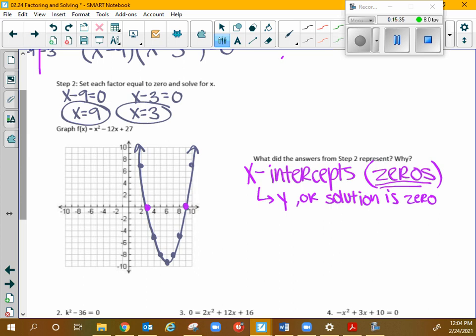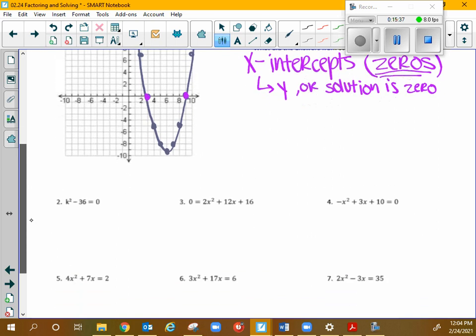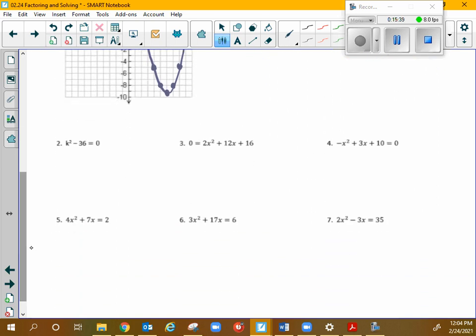All right, let's do some more. Let's look at number 3. Number 3 is already set equal to 0, so you're good there. So if we just start with factoring 2x squared plus 12x plus 16, what's the first thing I need to do? GCF. What's my GCF? 2.